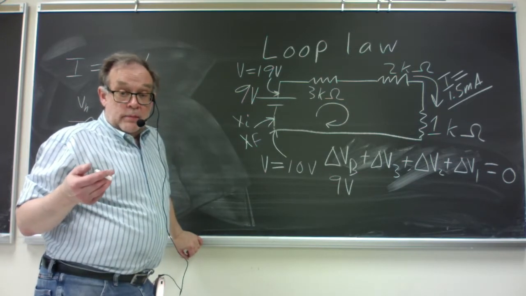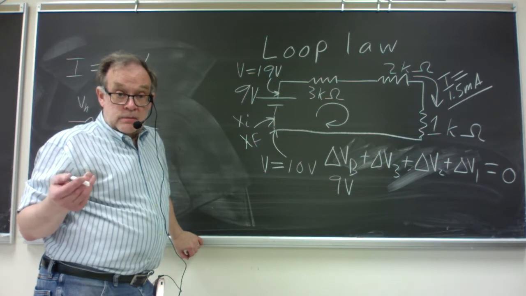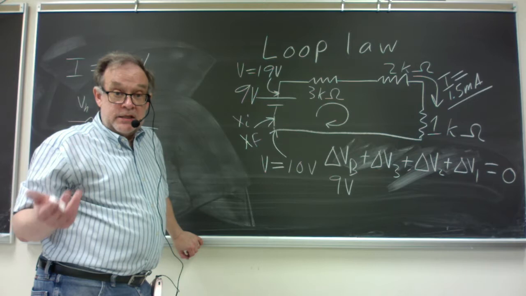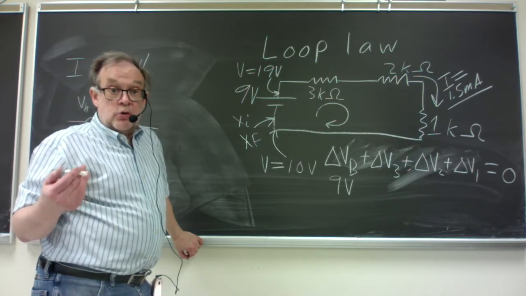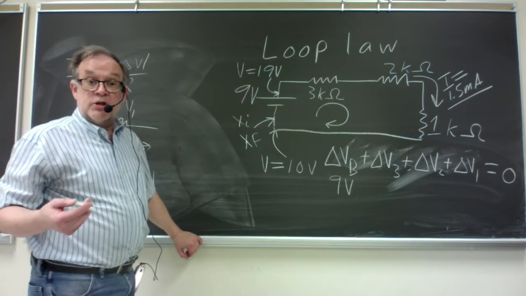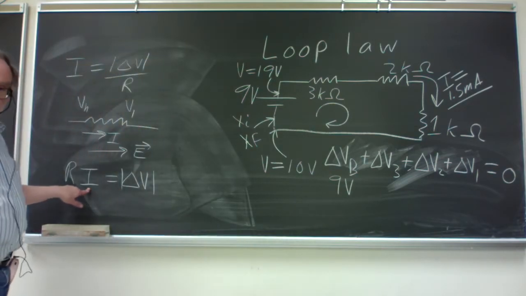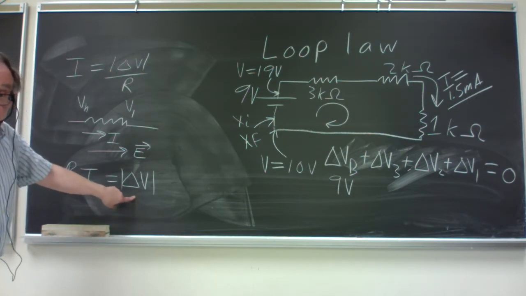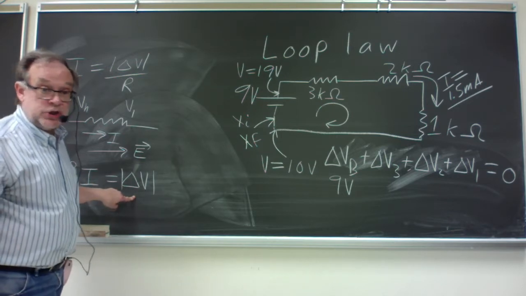And then we use a model in which all the wires are assumed to be ideal wires with no resistance. And as you've seen before, no resistance means no potential changes. Current flowing through something with zero resistance, there's going to be zero potential change.